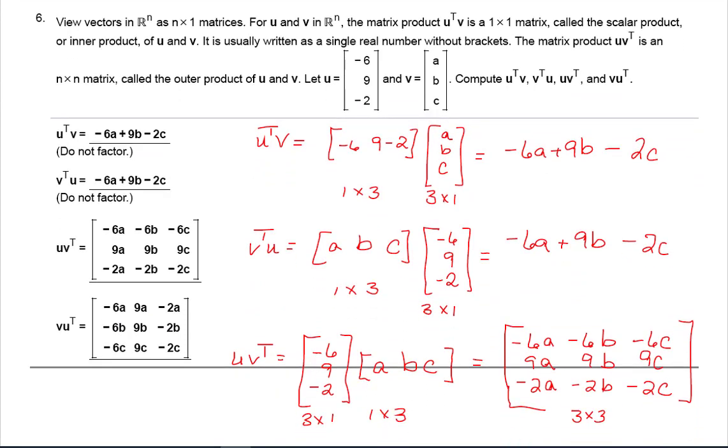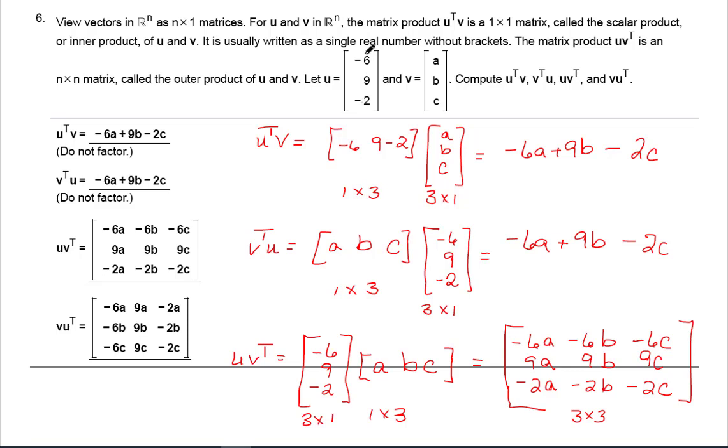In question 6, we'd like to form the transpose. U with this capital T is U transpose. So what that means is I interchange rows and columns. So if here is U, I form U transpose.